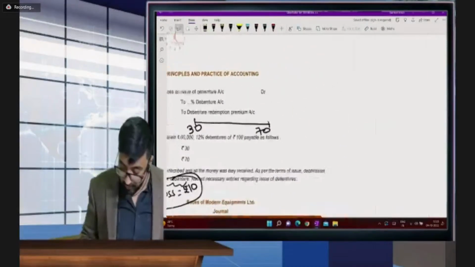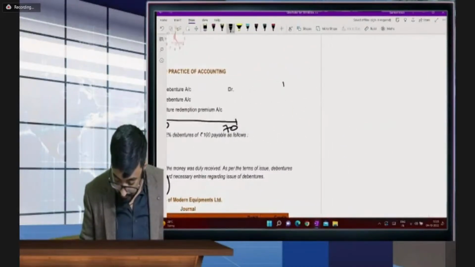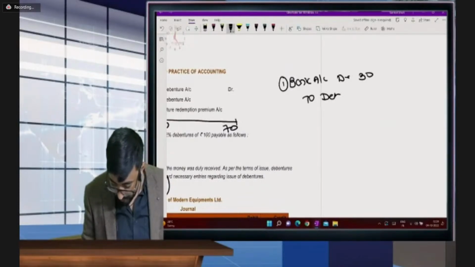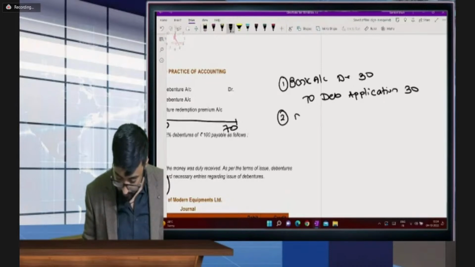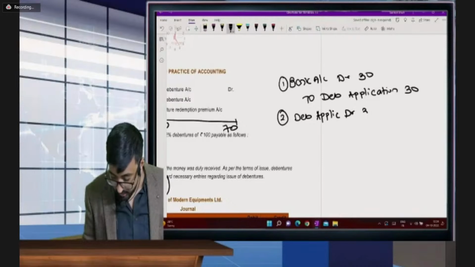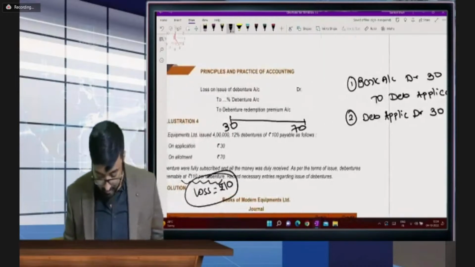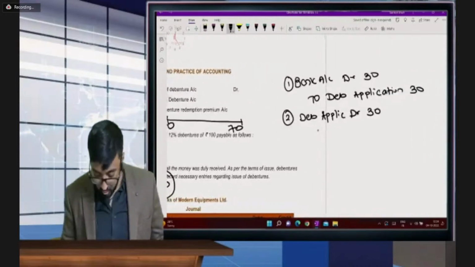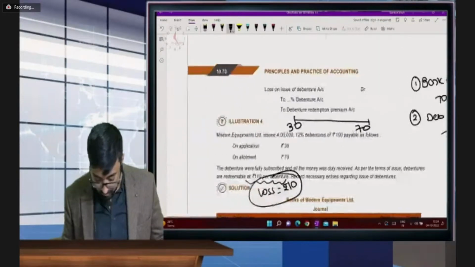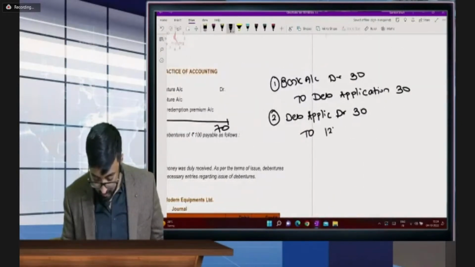What is the entry for one debenture? First entry, bank account debit 30 to debentures application 30. Debentures application debit 30 to 12% debentures 30.